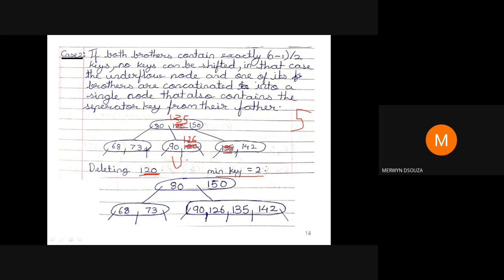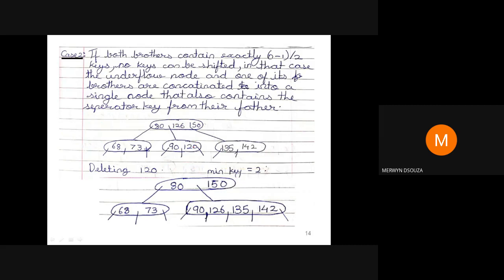Here the underflow is solved in this node, but here underflow occurs. You can see only one key is left. So I cannot apply case 1 here, because it solves the underflow in one node but introduces the underflow in the other brother.